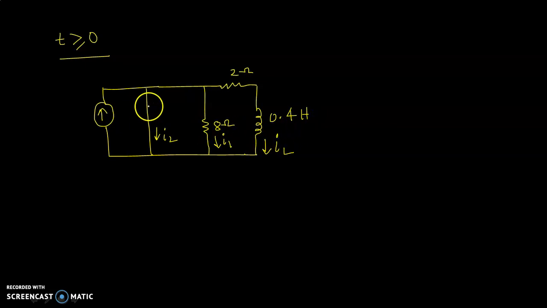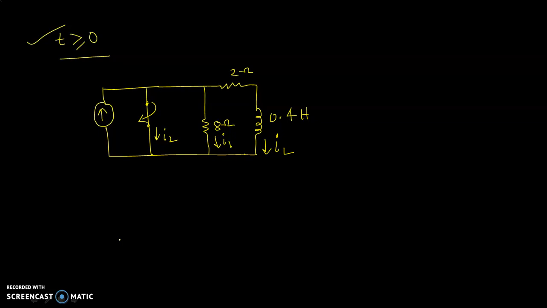For now, the switch has been closed. You can see here the switch has been closed, and for t is equal to 0 or after that, that is for t greater than or equal to 0, the circuit will look like this. As the current through an inductor cannot change instantaneously, we all know that an inductor does not allow current to change instantaneously through it.